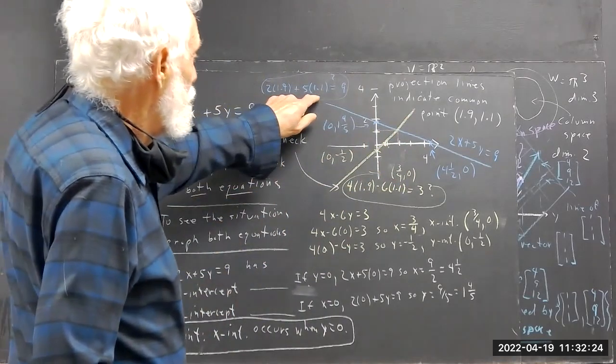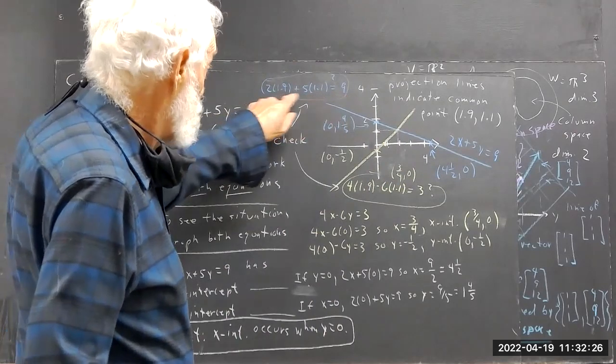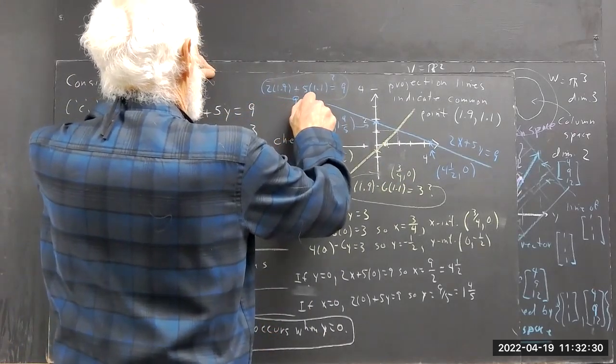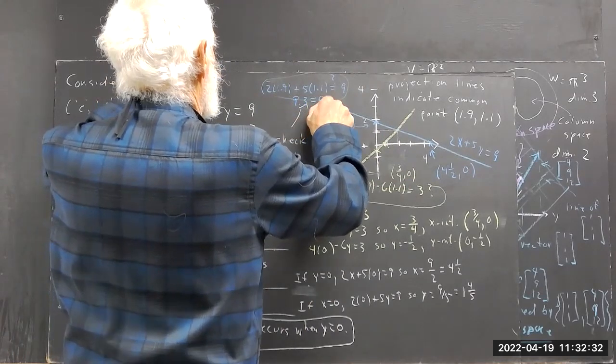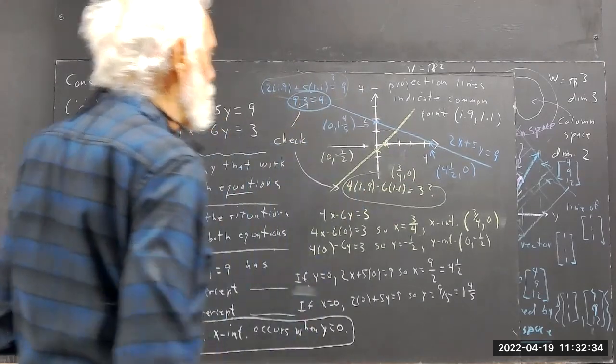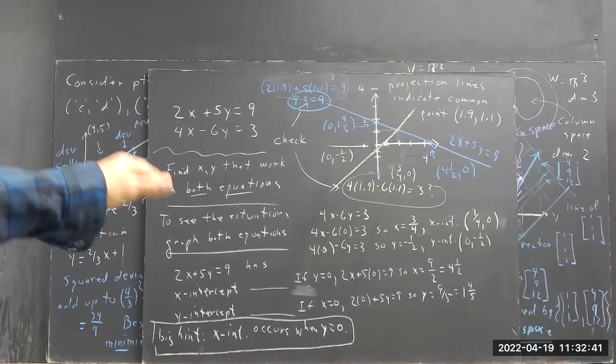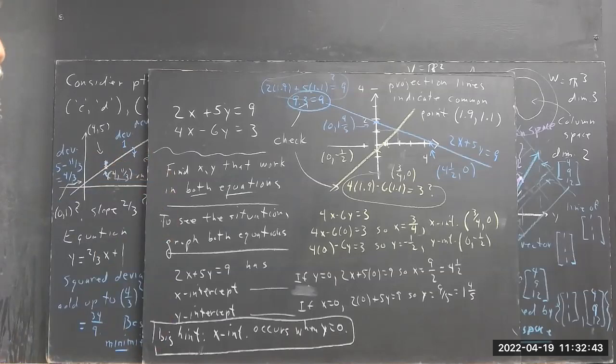But if we use these numbers here, we get 9.3 = 9. It's not correct, but it's close, meaning we came pretty close to the solution, at least so far.